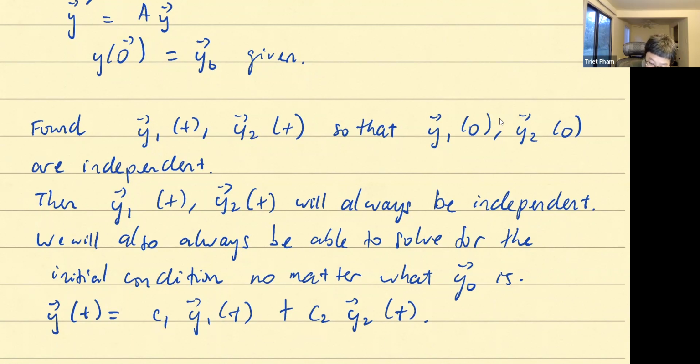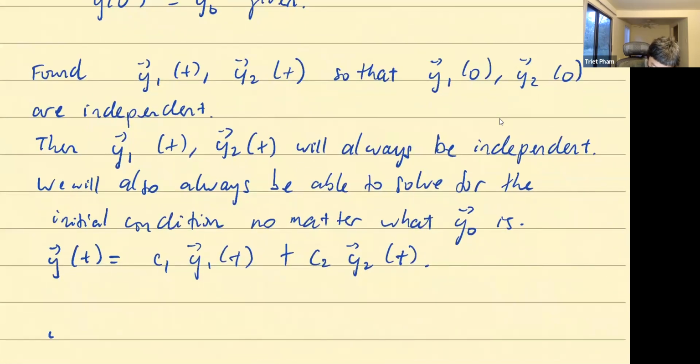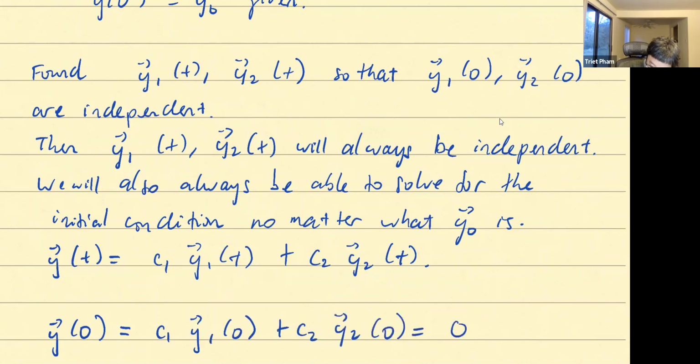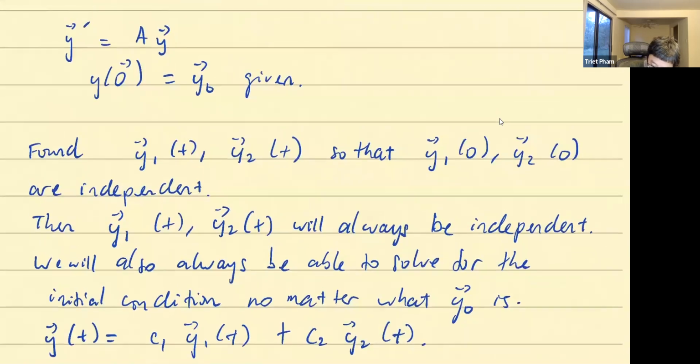You plug in 0, so you get C1 y1(0) plus C2 y2(0) is equal to y0, as the initial condition.